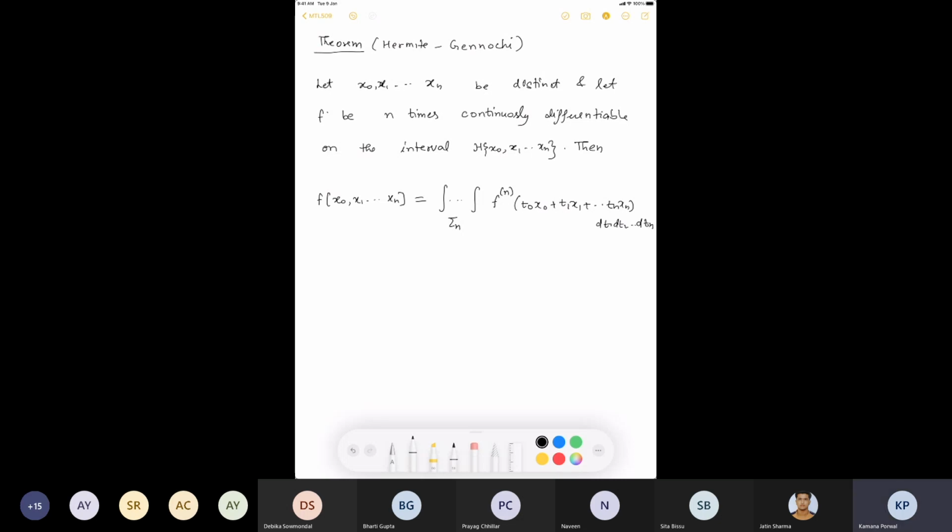So we are taking the nth derivative of f, and with these arguments I'm going to integrate it with respect to t1, t2, tn. Now what is this region tau n here?